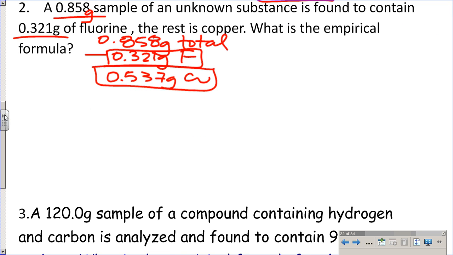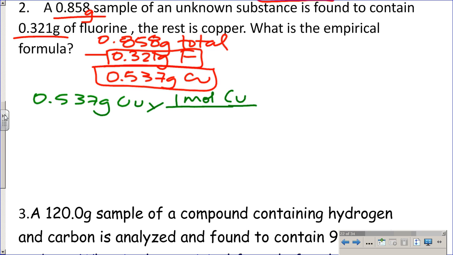All right, so do you guys want to do copper first or fluorine? Copper, okay. So 0.537 grams of copper. Next. I don't even have the first step done. So how many grams are in 1 mole of copper? 1 mole of copper goes on top, right? 63.55 grams of copper.